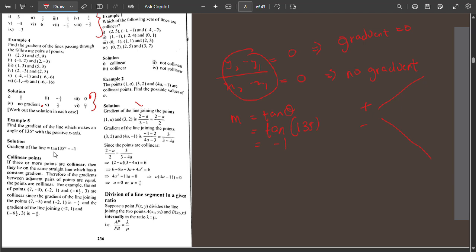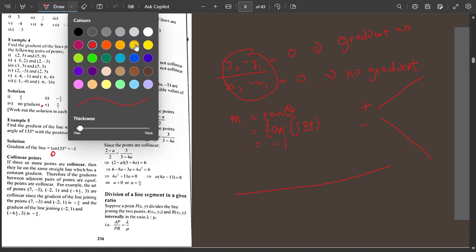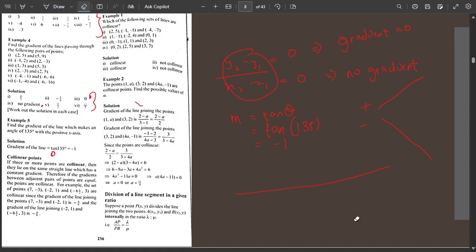So let's look at coplanar points. Let's explain. When we have a number of points, please assume this line is a straight line. Let me change the marker to yellow, then erase this one.